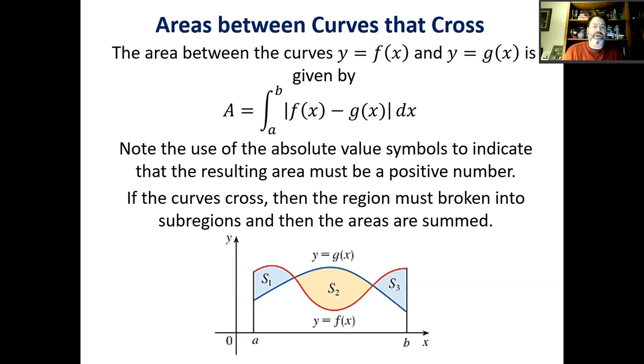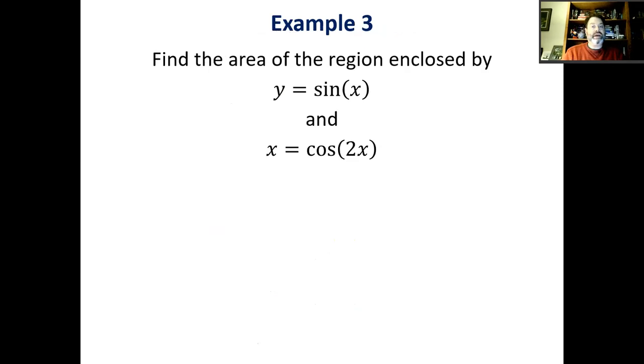The symbols we use look the same as what we just saw, except you have to put everything in absolute value. And the absolute value symbol tells us that the area must be positive. So even if you compute it and it comes out negative, doesn't matter, make it positive. So if the curves cross, the region must be broken into subregions and the areas summed. So let's see how to do that.